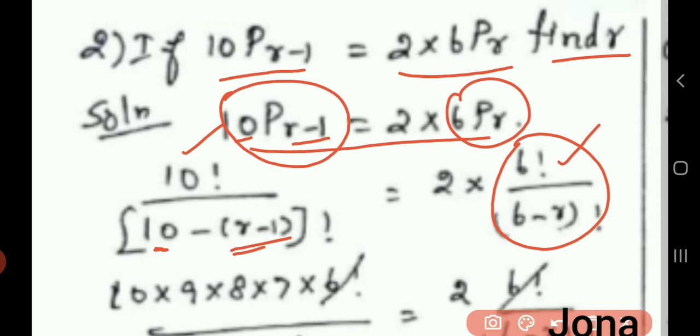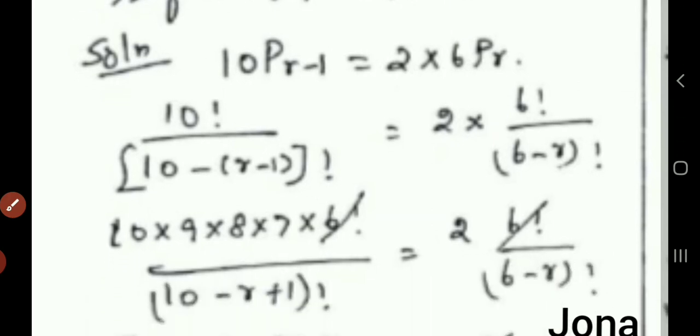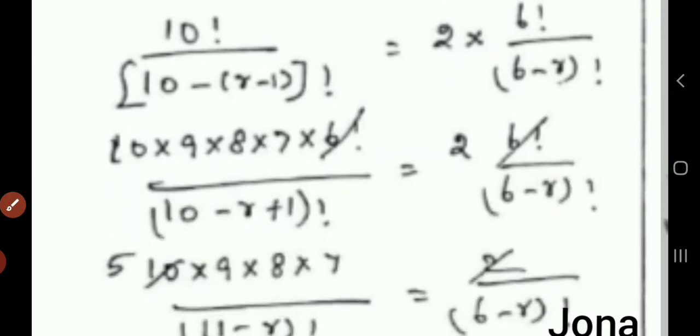Next I want to expand the factorial. 10 factorial can be written as 10 into 9 into 8 into 7 into 6 into 5 into 4 into 3 into 2 into 1, in descending order from 10 to 1.